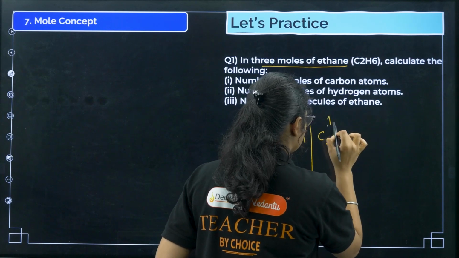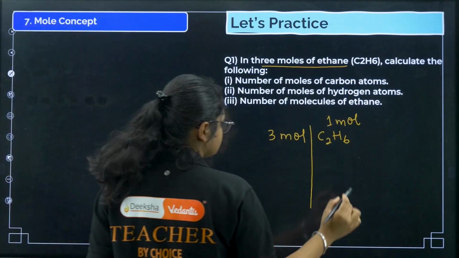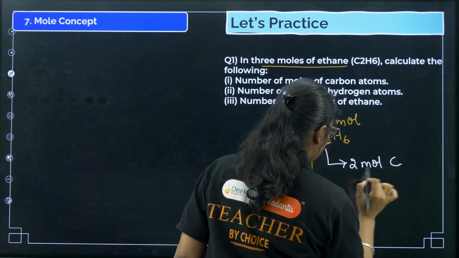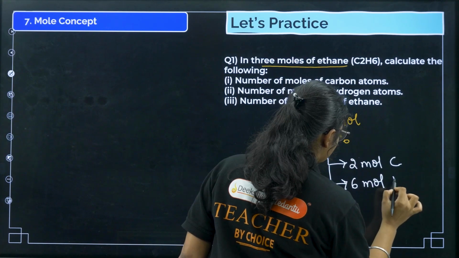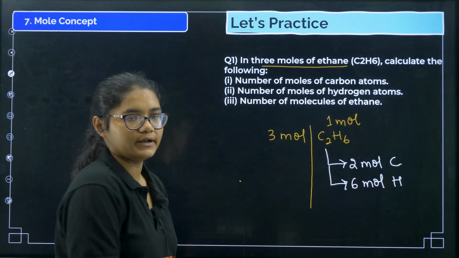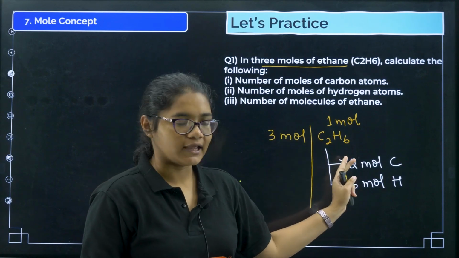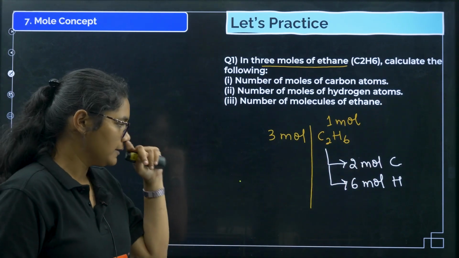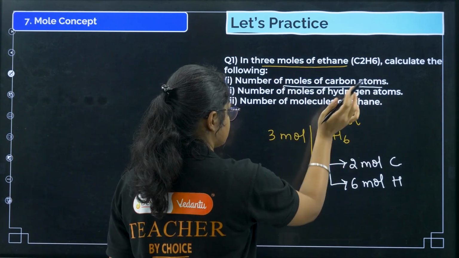In 1 mole of ethane, we have 2 moles of carbon, and we have 6 moles of hydrogen. Got it? In 1 mole of ethane, we have 2 moles of carbon and 6 moles of hydrogen. Clear?